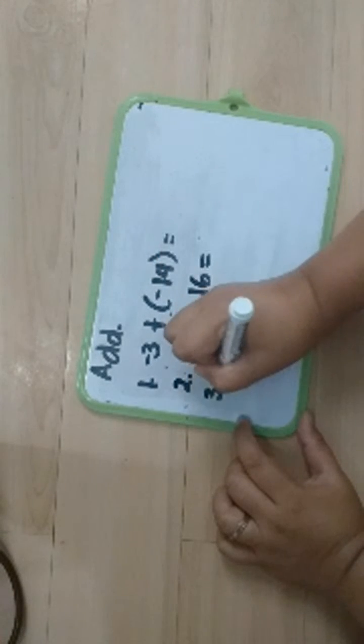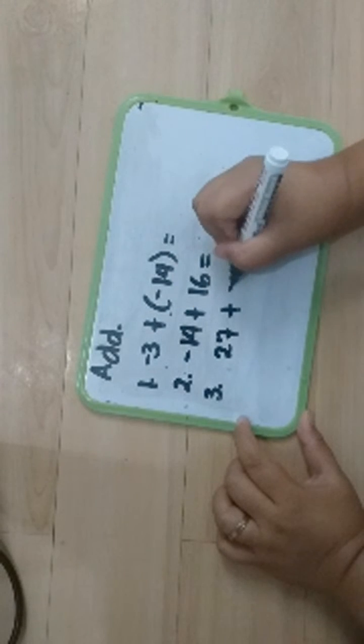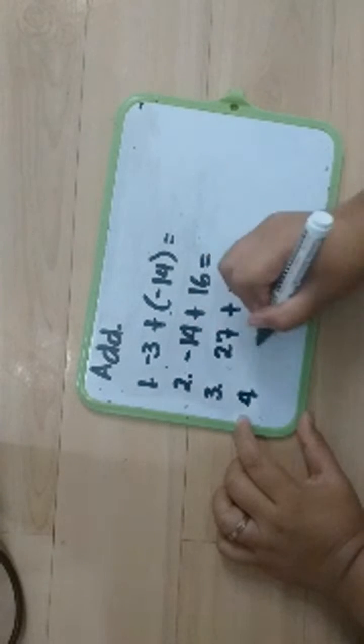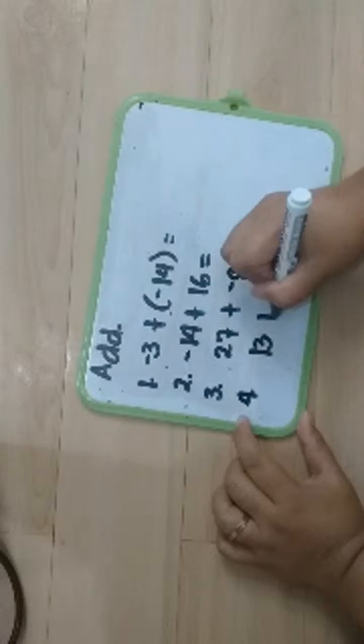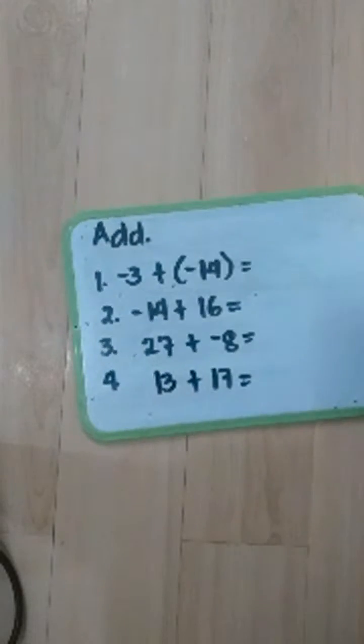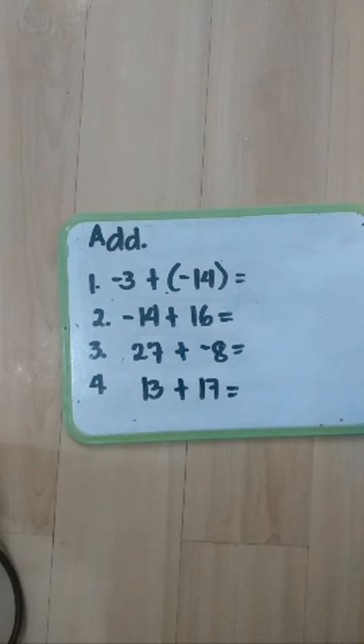And number 3, if you have 27 plus negative 8. And for number 4, you have 13 plus 17. Okay. Ikot-ikot ko lang ha. Review kasi baka hindi nyo masyadong naintindihan yung video kanina.